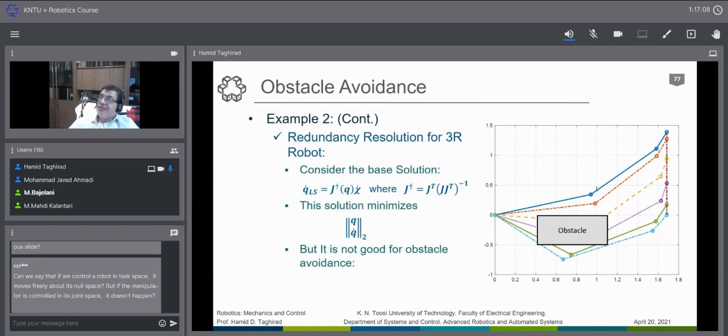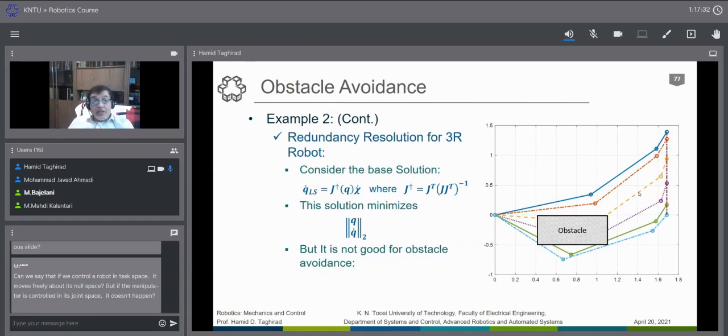And then if you find this by the Jacobian, the solution minimizes the two norm of Q dot. And as you see in here, since the norm of Q dot is very small, it doesn't move rapidly from elbow down to elbow up. And this means that it is a solution. Really, the robot could come from this point to this point with this posture, but there is no obstacle avoidance there.